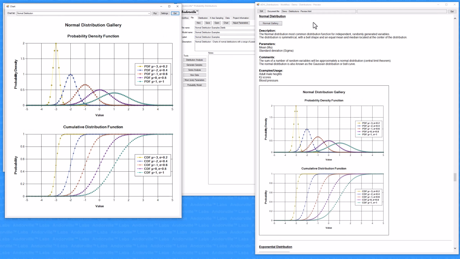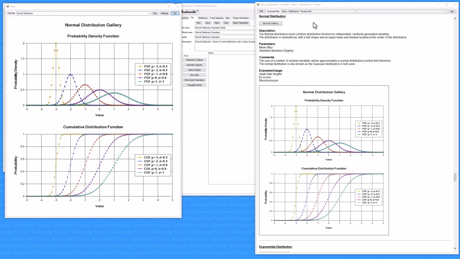The normal distribution is the most common distribution function for independent, randomly generated variables. The distribution is symmetrical with a bell shape and an equal mean and median located at the centre of the distribution. The parameters are the mean and the standard deviation.